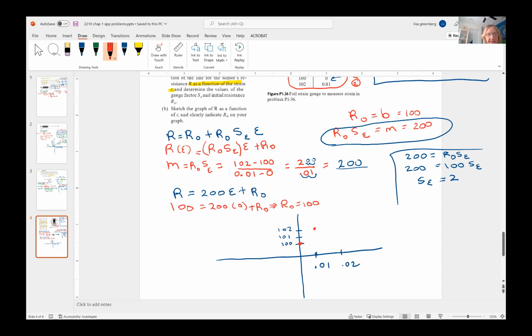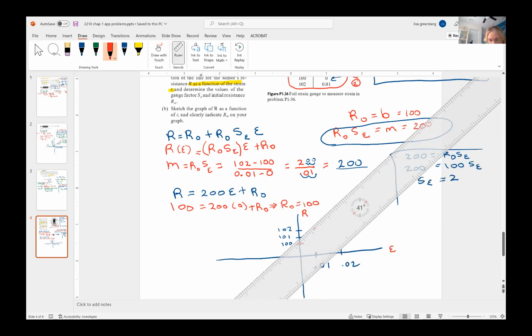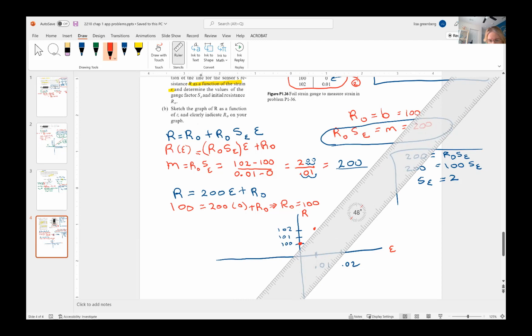Now, this is our epsilon line, because that's our independent variable, and this is R, because that's our dependent variable. I'll use the ruler. I have 2 dots. So if I have 2 dots, I can just connect them, and I have a line.